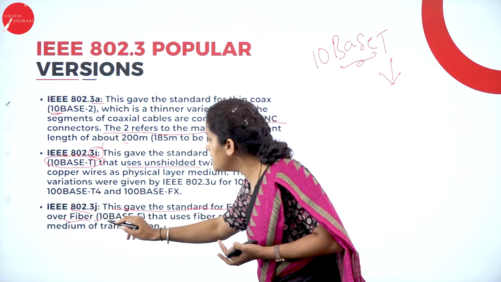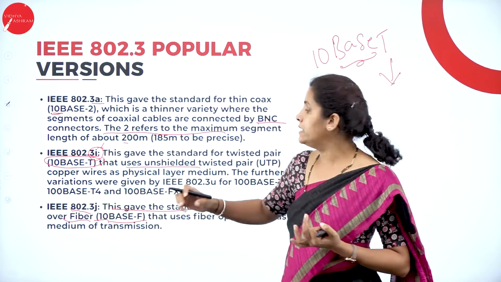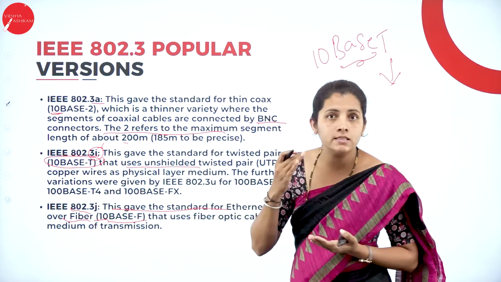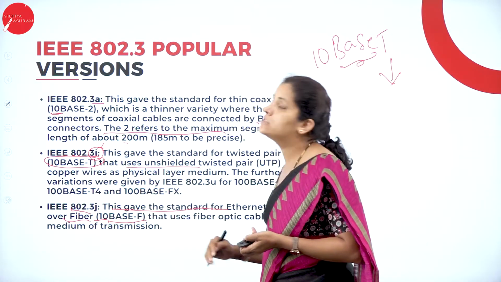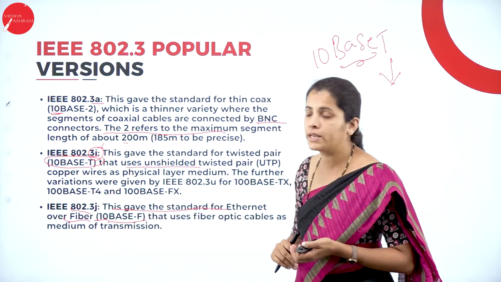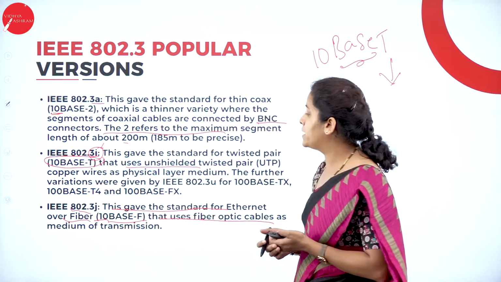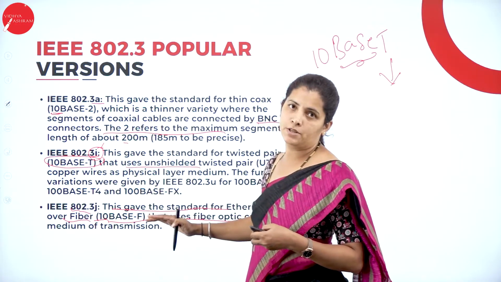And the standard here is 10 base F. So 10 is the data rate, base is the baseband transmission, and F is fiber optical cable. So that uses fiber optical cable as the medium of transmission.